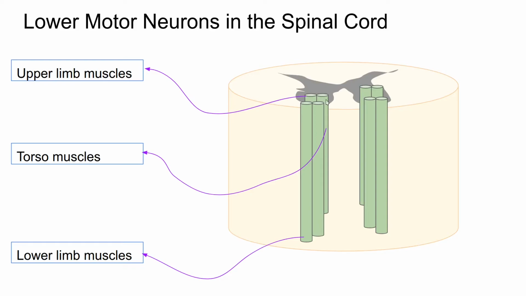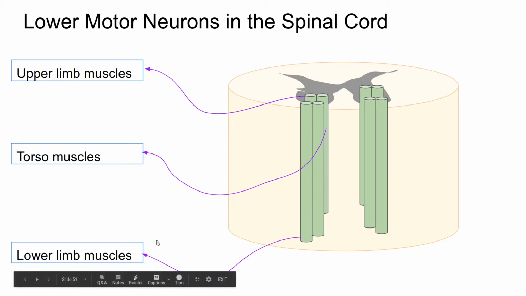So here, more medial are located the cell bodies of the neurons which will control your trunk muscles, the dorsal muscles, because these are what you need for upright posture. Whereas the more finely controlled muscles are located laterally in the anterior horn. So they will proceed either to your upper extremity muscles or to your lower extremity muscles.